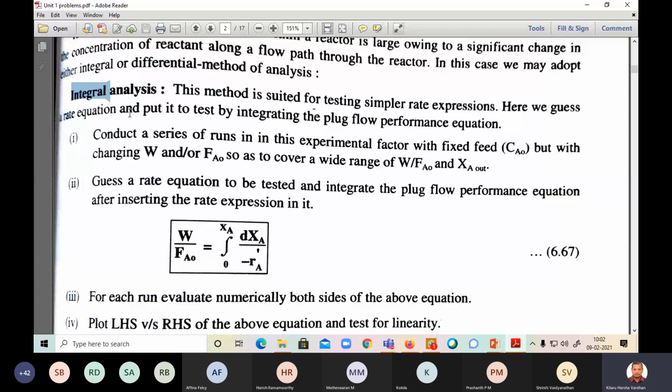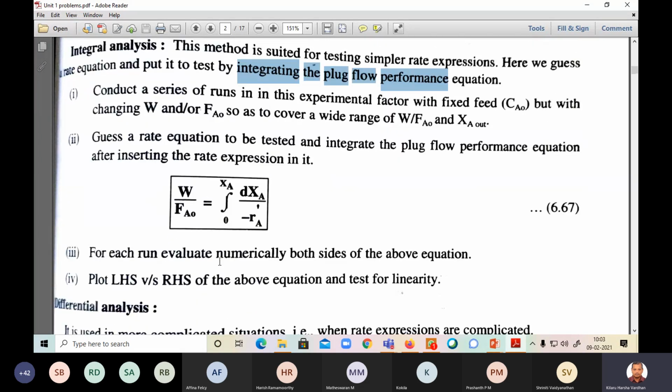So the integral method of analysis is used for testing simpler rate expressions. Here we guess a rate expression, whereas in the differential method of analysis, we won't guess. We fix the rate expression itself.